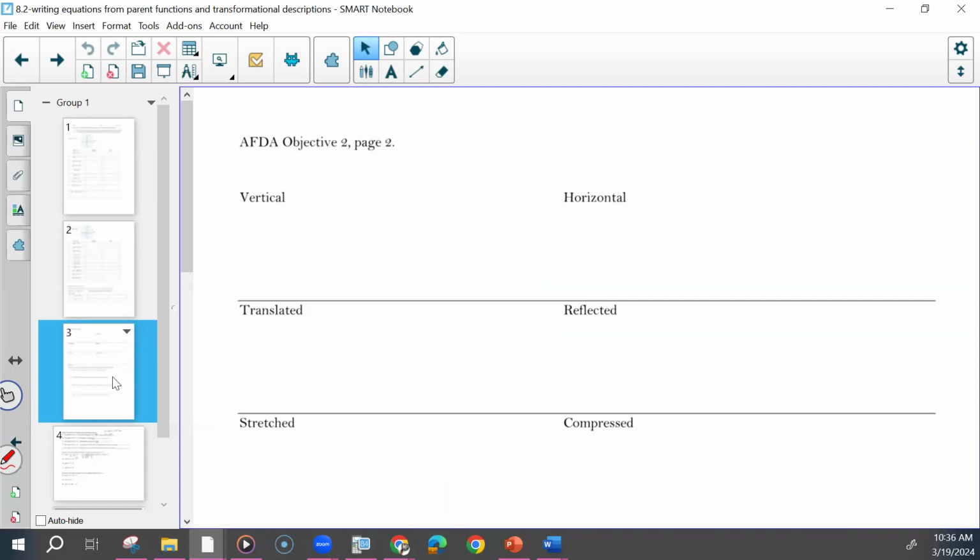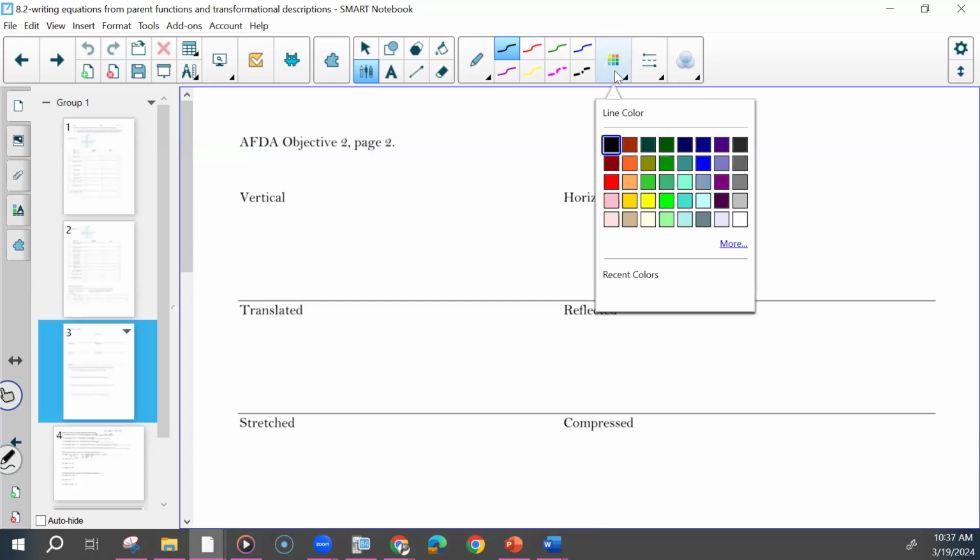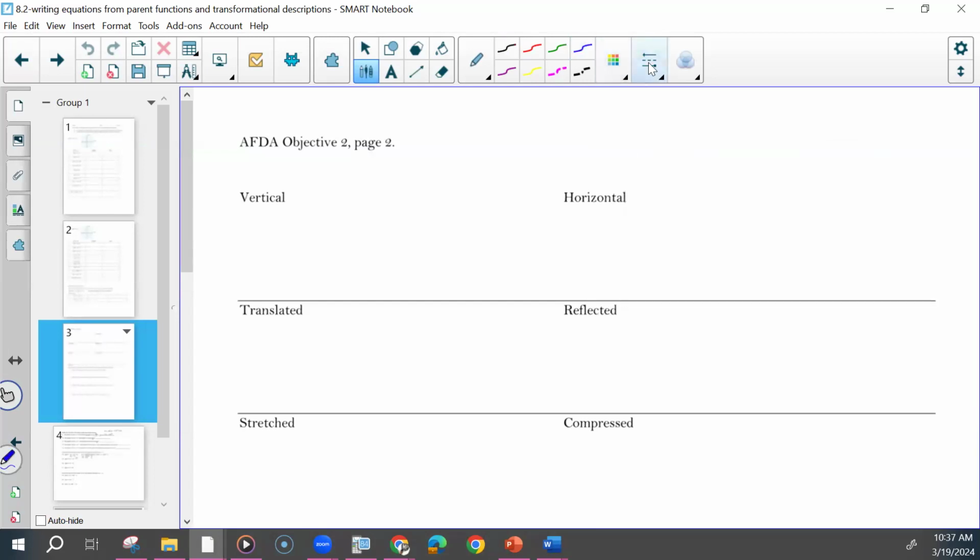All right, on this, we're just going to summarize everything we kind of talked about before. All on the same page, so we have everything, so everyone that wasn't here, if this doesn't make sense, ask me questions. But this would be everything that we talked about last time. Okay.